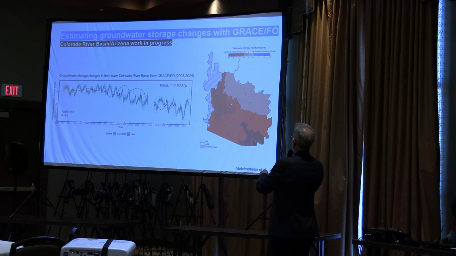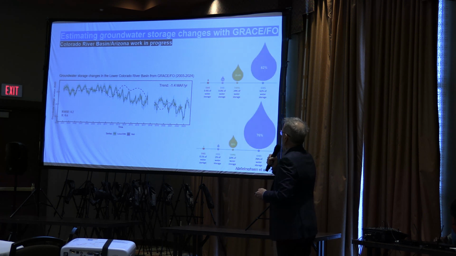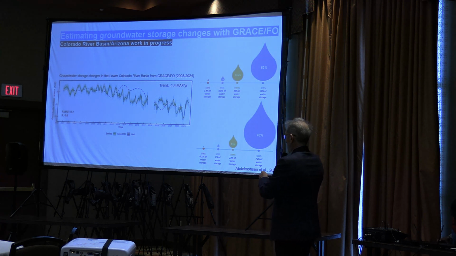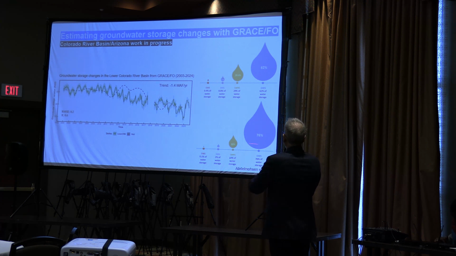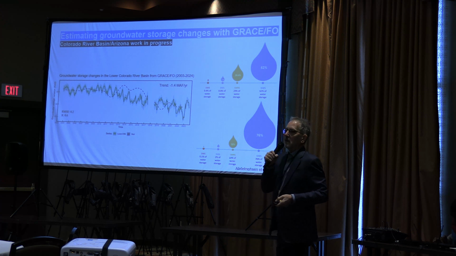There's a little bit better, still being depleted, just not as badly in a couple of these active management areas, but some of these others are not doing so well. And this shows the percentage of the total water storage loss coming from groundwater. So in the lower basin, 76% of the total water storage loss is coming from groundwater.